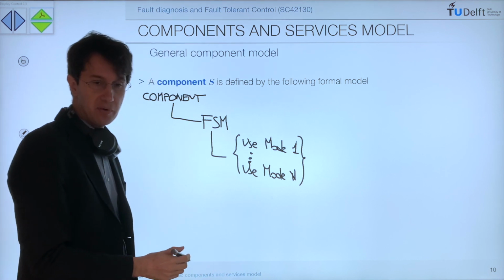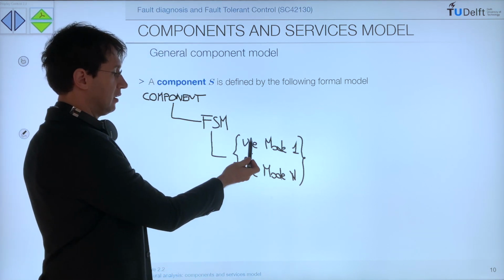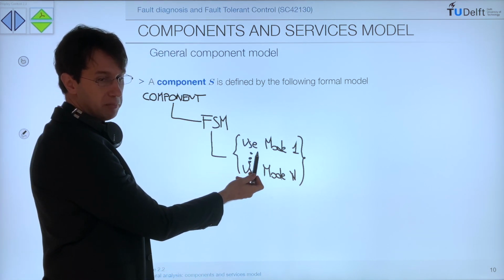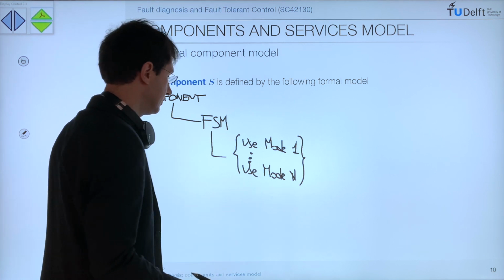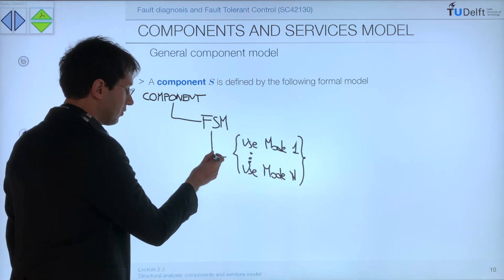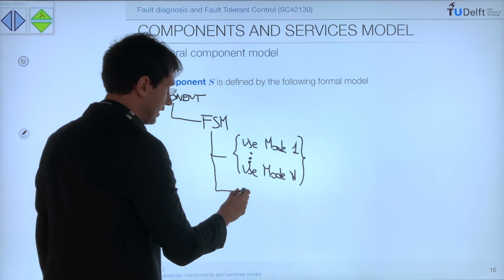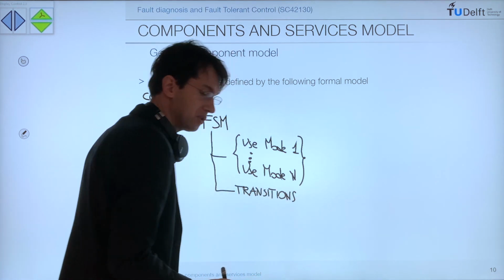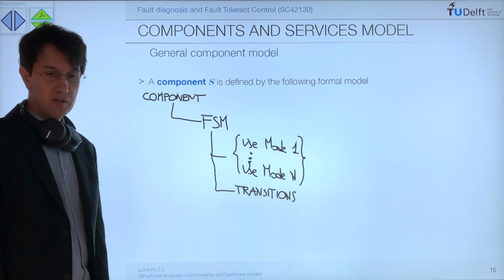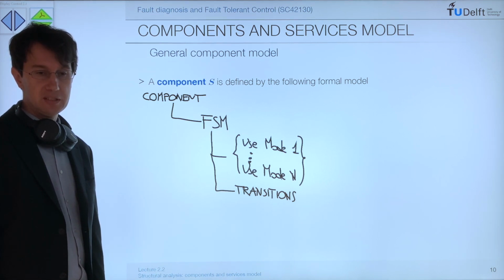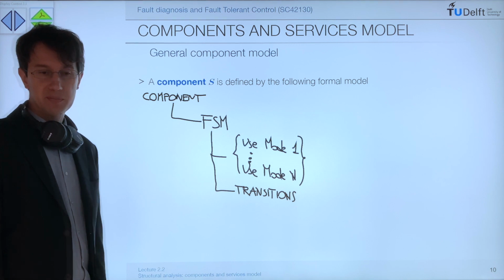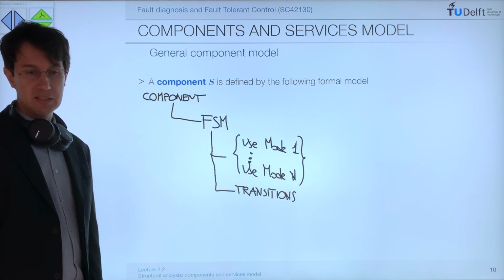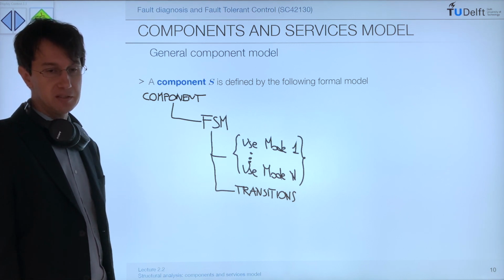In the case of the wireless speaker, we had off, disconnected, pairing, and paired. Furthermore, we have a set of transitions. The transitions were those Boolean functions telling us that when some input condition is present, then you can switch from one state to another.